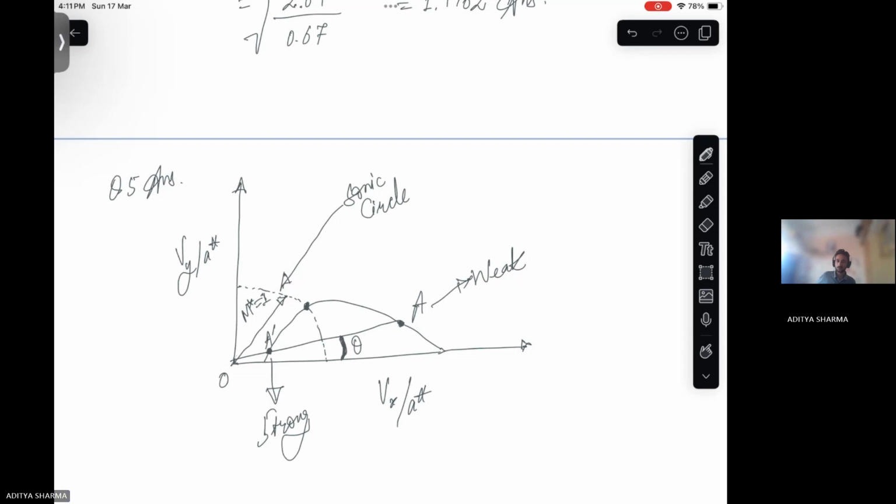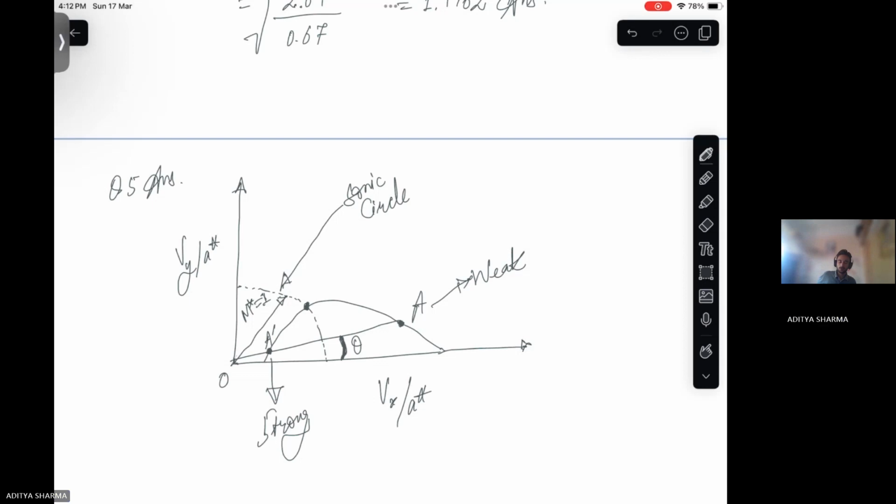The oblique shock solutions, obviously, we know that in strong oblique shock solutions, across that oblique shock, the Mach value is less than 1. Right? For weak oblique shock solutions, it is always greater than 1 behind the shock.